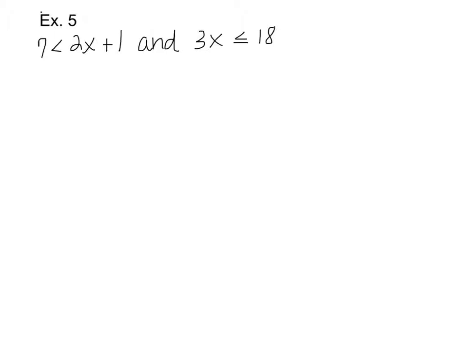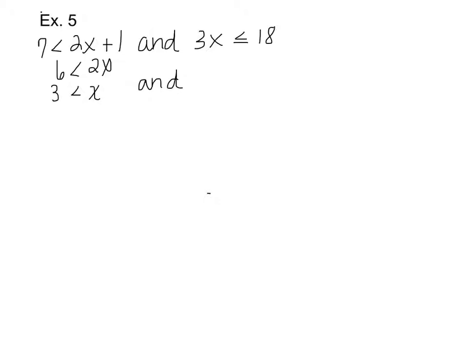Now, an and inequality can be collapsed, and I'll show you what that means later. But right now, we have two different inequalities that we are solving. So you solve the left side, so I would subtract 1, divide by 2. So that means 3 is less than x.